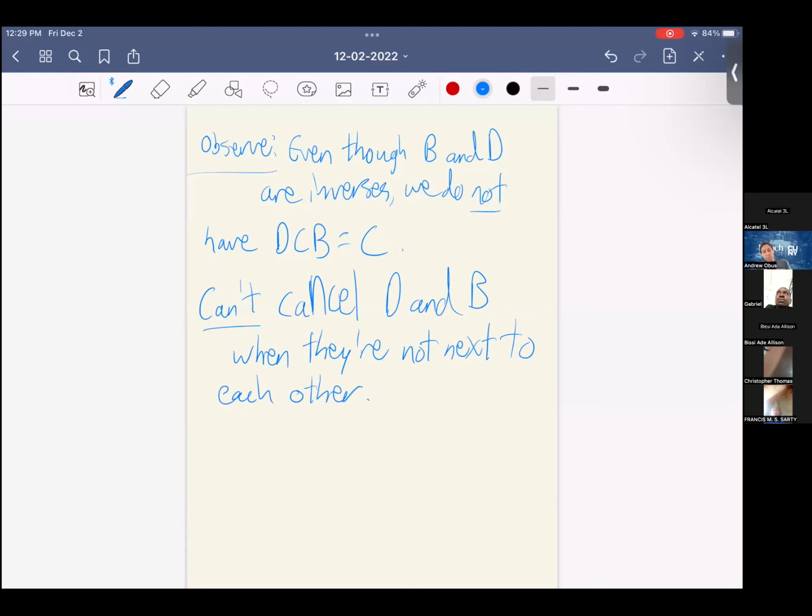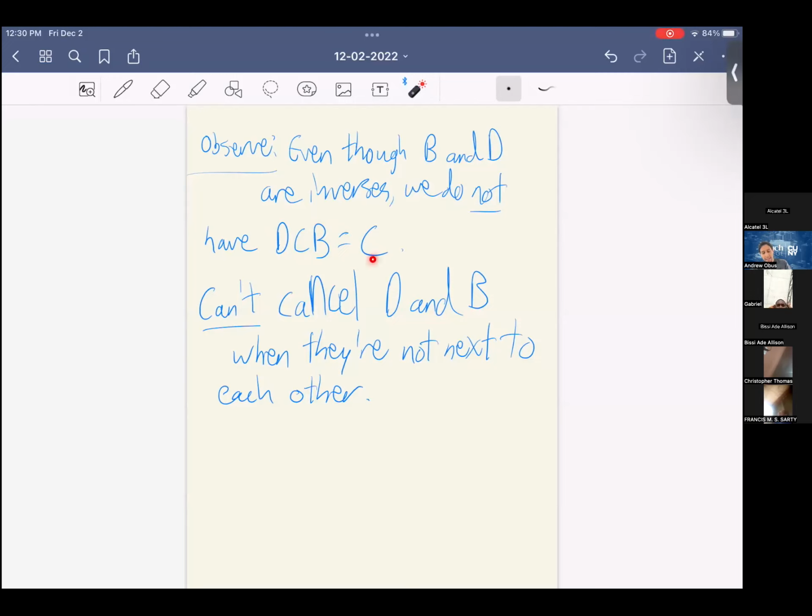And the reason, as we saw before, is that matrix multiplication is not commutative. I'm not allowed to just switch the order of the C and the B, right? If I could switch the order of the C and the B here, then I would have DCB equals DBC, and then I could cancel the D and the B. But here, because the D and the B are not next to each other, I actually can't cancel them, right? So DCB is not equal to C.